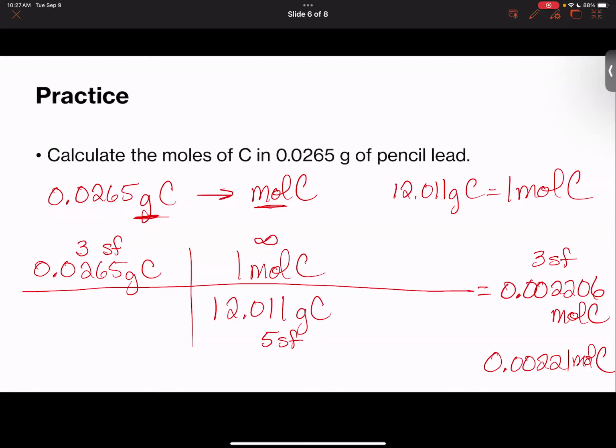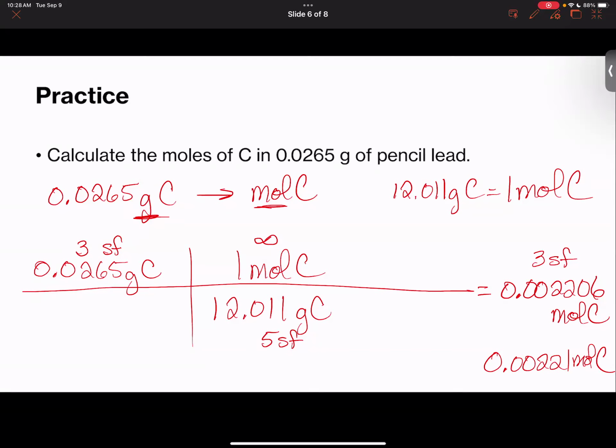Yes. I have this flow chart on the second camera. You will not have the flow chart. But I will say this: I highlighted something that will help you where you don't even need the flow chart. And that is if you are given grams, you know you're going to have to use your molar mass.